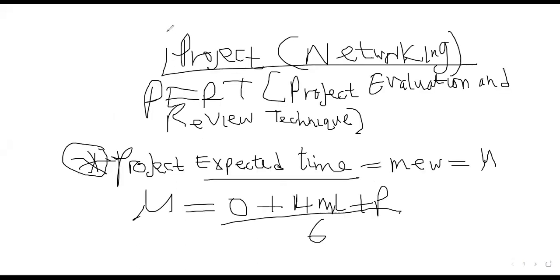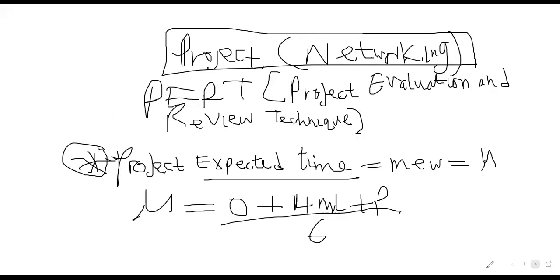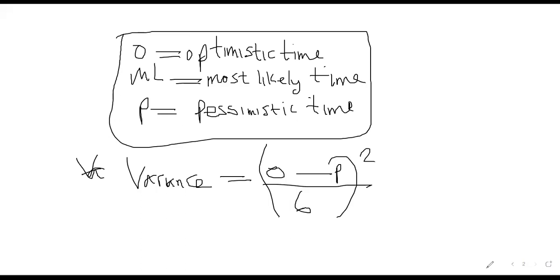It's also found in courses like operational research. So this is the expected project time, or O is optimistic time, then M most likely time, then P pessimistic time.